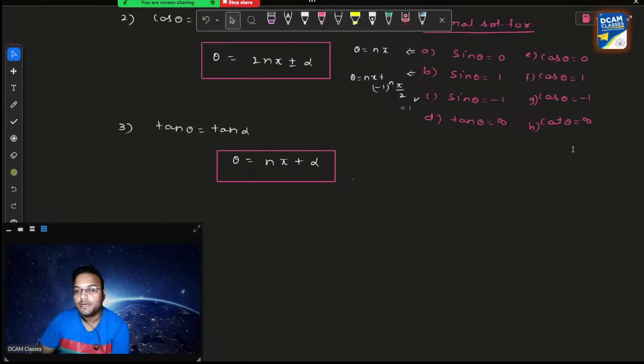Cot 0 is infinity, na. The answer will be theta is equal to n pi. You are asking for tan theta? I asked you for cot theta, na. Cot theta is n pi. It's the same even for the inverse of it.